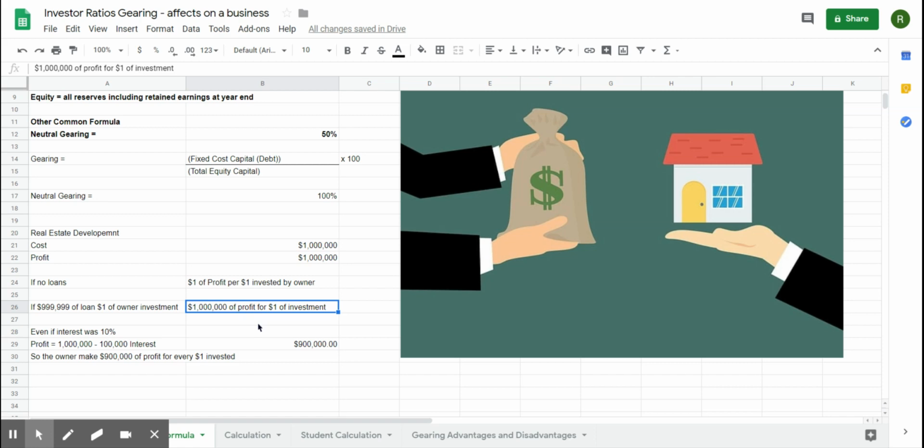And that's a pretty good return on your money, because money is one of the hardest things to get hold of if you're looking at a business idea. So fantastic, you turn $1 into $1 million.